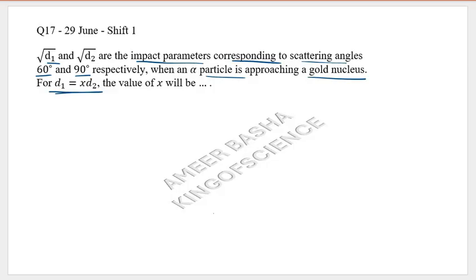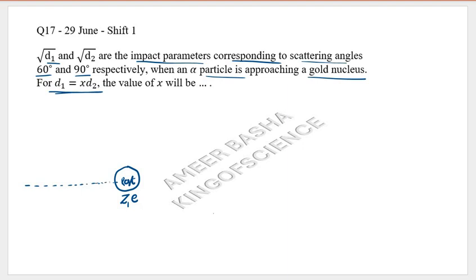Let us see a little bit more elaborately what the problem is asking. In the gold foil experiment, the gold atom will be here, the nucleus will be here, assumed to be at rest, obviously, as the heavier one. The lighter projectiles, generally alpha particles, are coming in this direction.